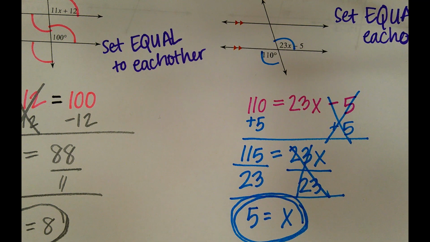Now, what I'm going to have us do before we wrap things up is I'd like to go through each question on this paper and see if we can recognize whether we would need to set them equal or whether we would add them to 180. And let's just mark each question so that you already know how to set it up. So, next page, number 5.